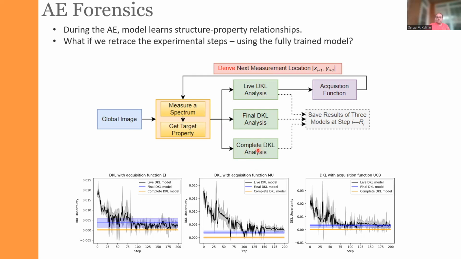And then what we can do when we tune the workflows, as I said, is use the complete model as an oracle, and we can compare the discovery during the different workflows. For example, compare different acquisition functions like EI, maximum uncertainty, or upper confidence bound, and we can see how they learn.